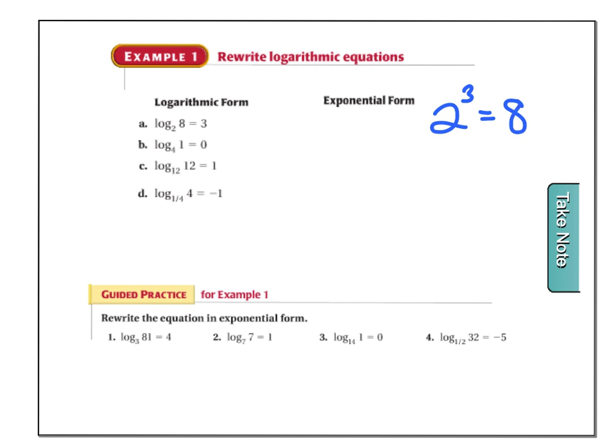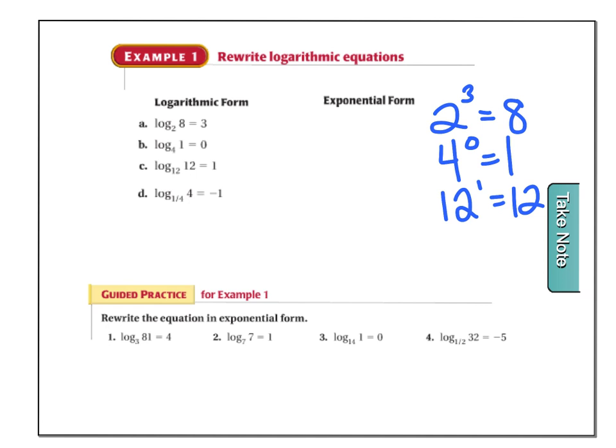So 8 is the argument. Here we have log base 4 of 1 equals 0. Switching that into exponential form, we would write 4 to the power of 0 equals 1. Log base 12 of 12 equals 1. That would be written 12 to the power of 1 equals 12.